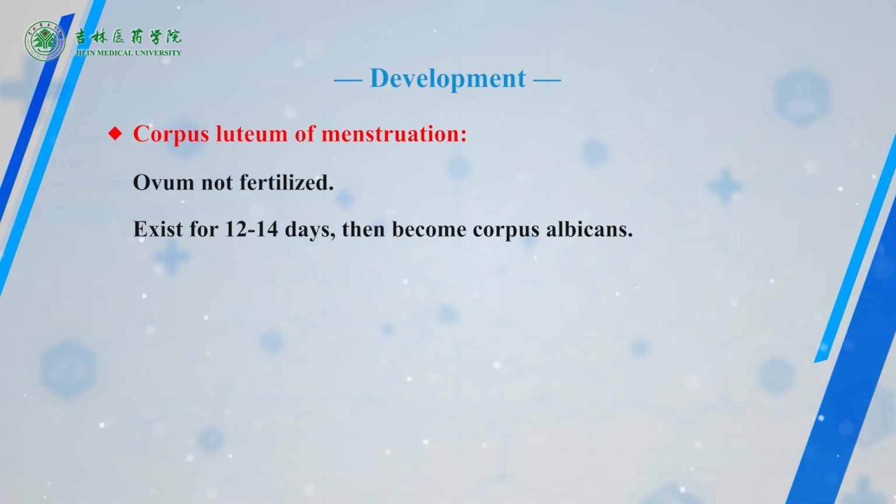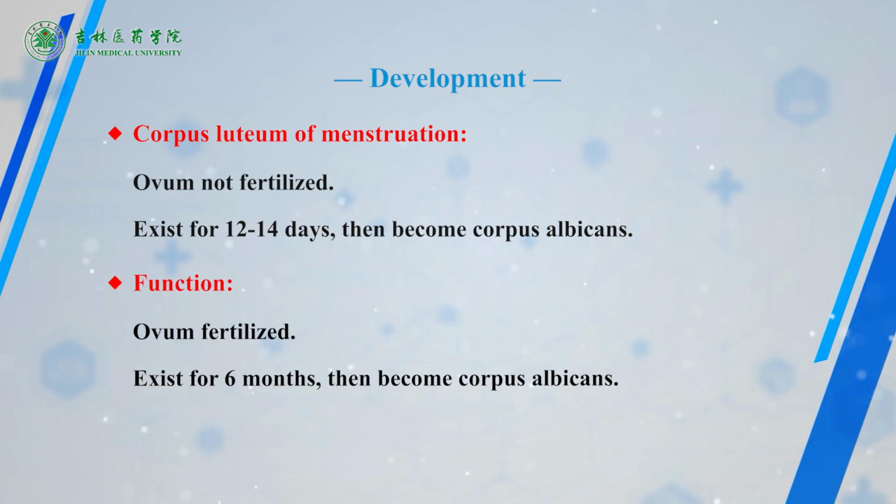If no further hormonal stimulation takes place and pregnancy does not occur, the cells of the corpus luteum degenerate by apoptosis. The corpus luteum is called the corpus luteum of menstruation, which exists for 12 to 14 days, then becomes corpus albicans.